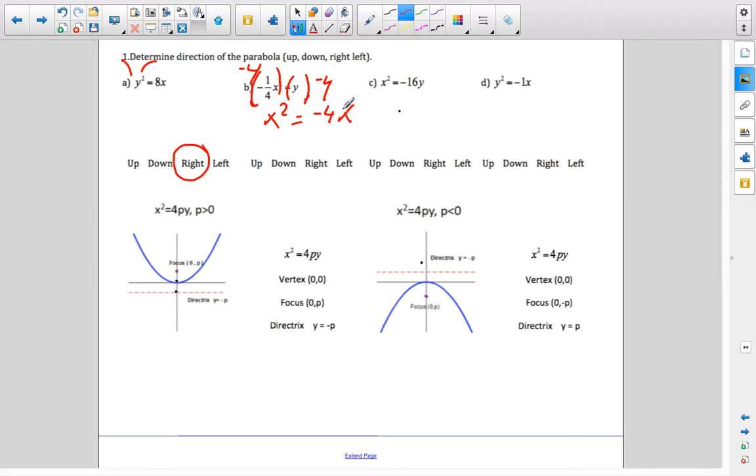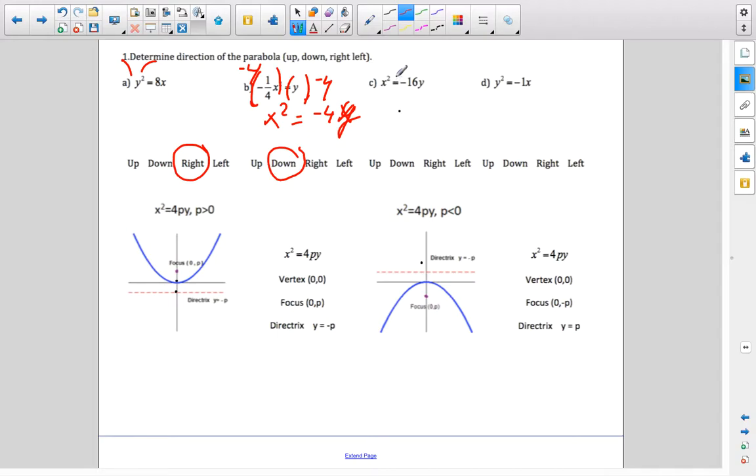So now I know that since it's x squared, it should open up or down. But since this side is negative, that tells me it's going to actually open down.